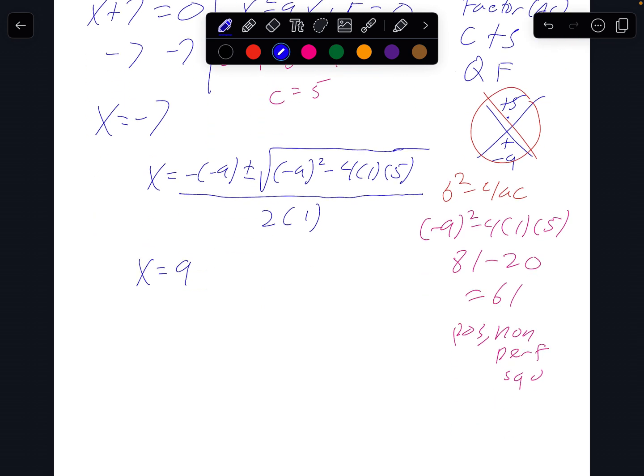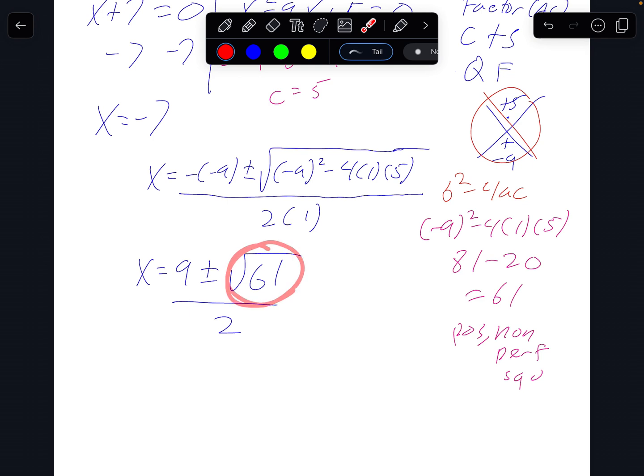X is equal to 9 plus or minus the square root of the discriminant, which we calculated here and got 61, divided by 2. And since the radical 61 is not simplifiable, that means we are done.